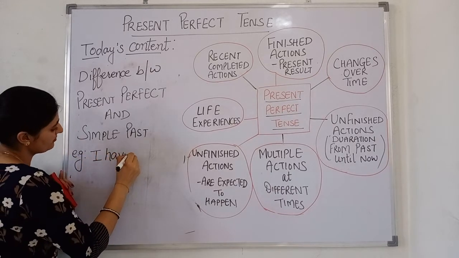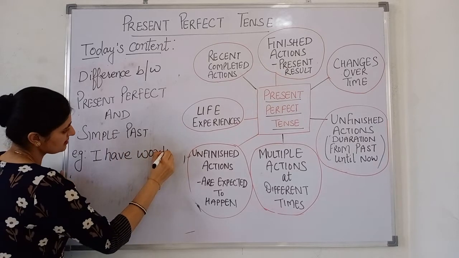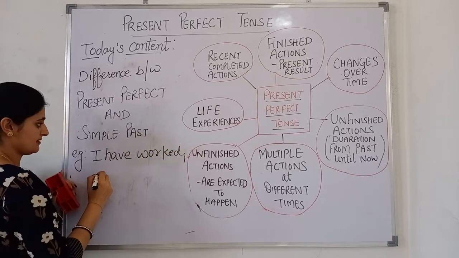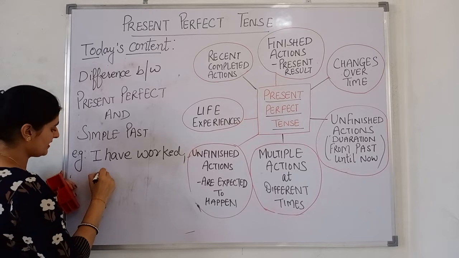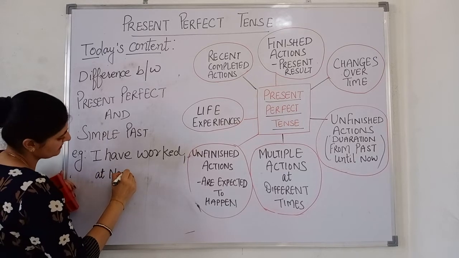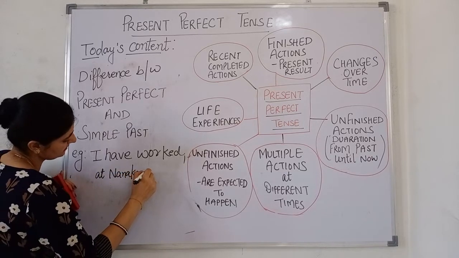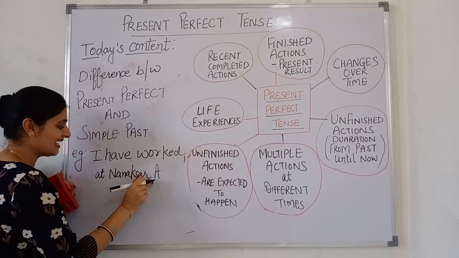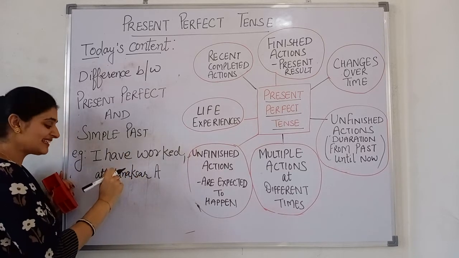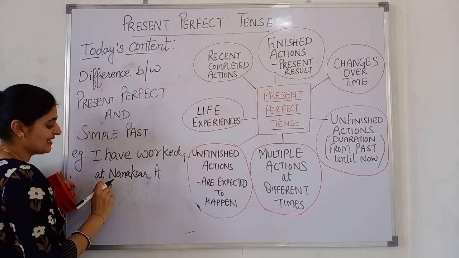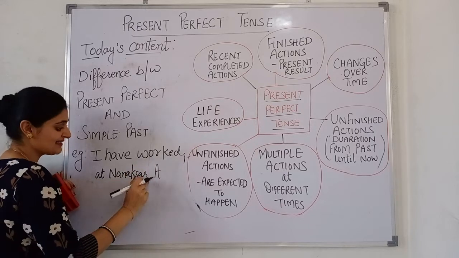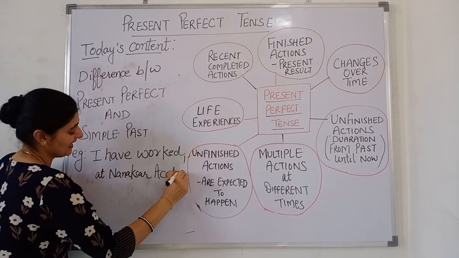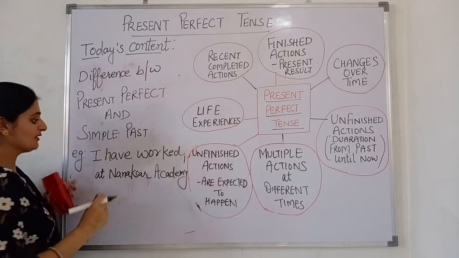I have worked at Nanak Sir Academy. I am writing this name again and again because still I am teaching at Nanak Sir Academy, and really this school is very nice.